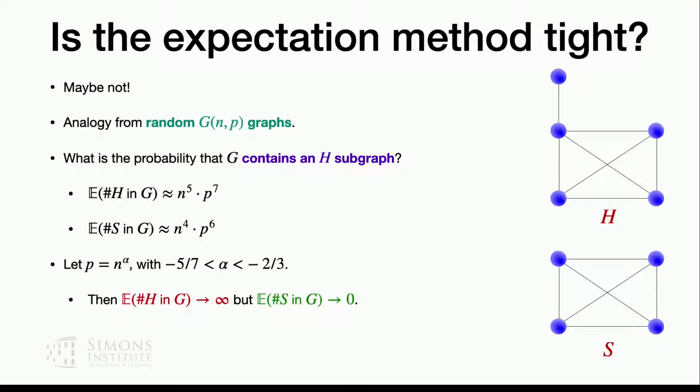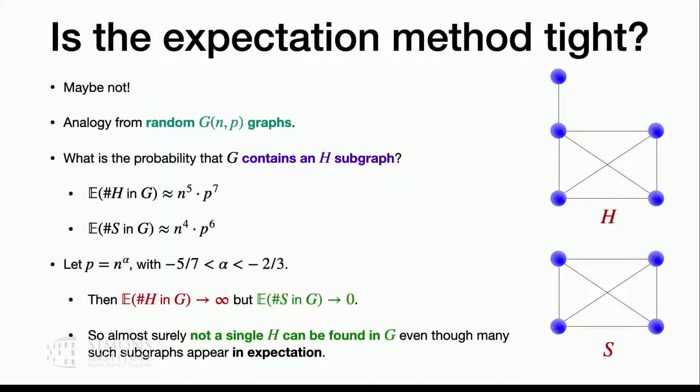Fortunately, we do know what is tight for random graphs. So this is just what I said, right? Almost surely there's not a single H to be found in G, even though in expectation many such subgraphs appear. Maybe I'll say one more thing, it's just nice intuition. Why is it that there are many H's in expectation, even though probably not even a single one appears?